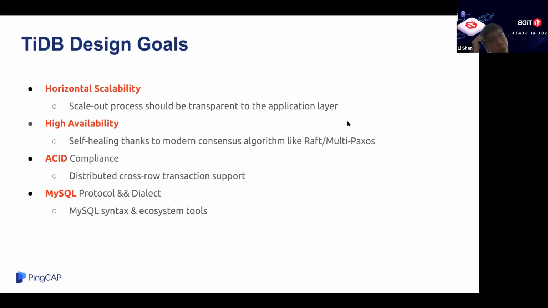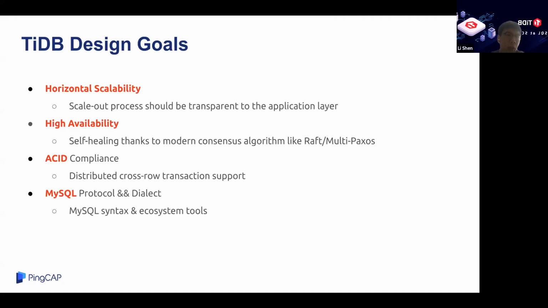As Neil mentioned, we have 4 design goals or 4 key features of TiDB. The first one is horizontal scalability. As a distributed database, I think this is the first priority feature.